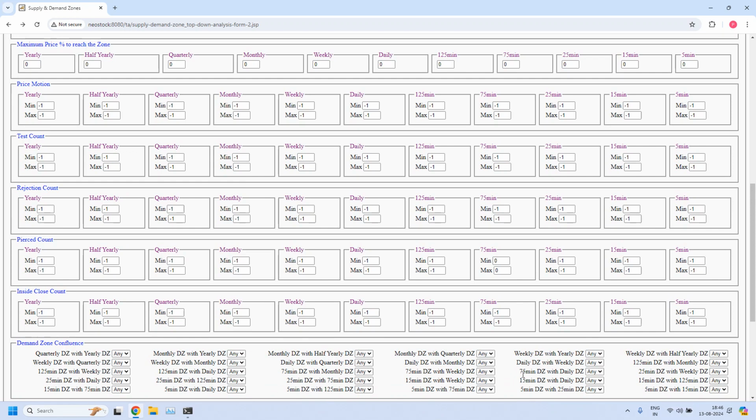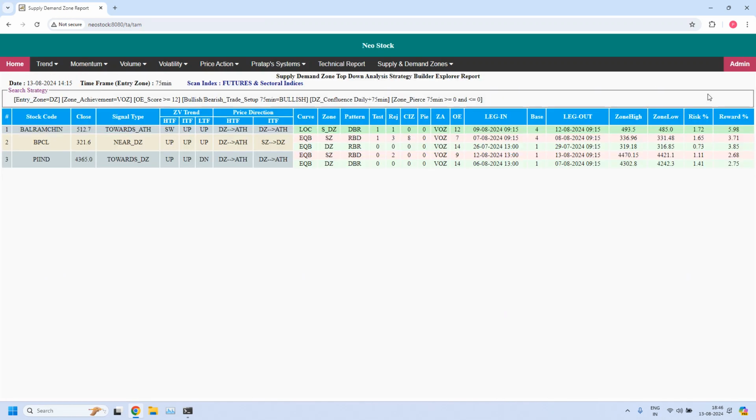So 75 minutes demand zone with the daily demand zone, I enable the option. Let's filter the stocks. So now the list has come down to 3 stocks. These 3 stocks are currently supporting a bullish trade setup for weekly income trade, and also both the 75 minutes and daily zones are having confluence. Now let's verify out of these stocks again how many are having HTF confluence. HTF is the weekly time frame.